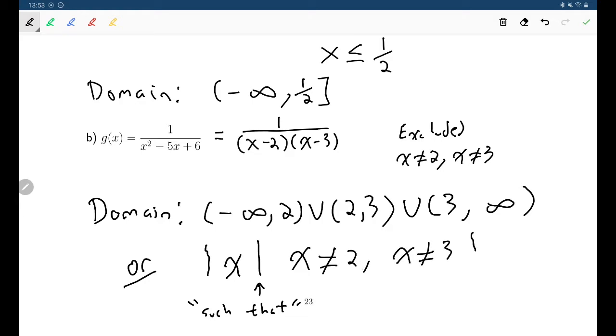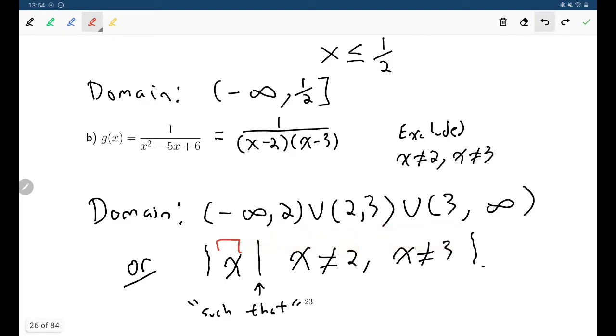So in set builder notation, we give ourselves a variable and then we say here are the restrictions or the things that characterize that variable. So we could say that our domain is, as I would read this, the set of all x's such that x is not 2 and also x is not 3.